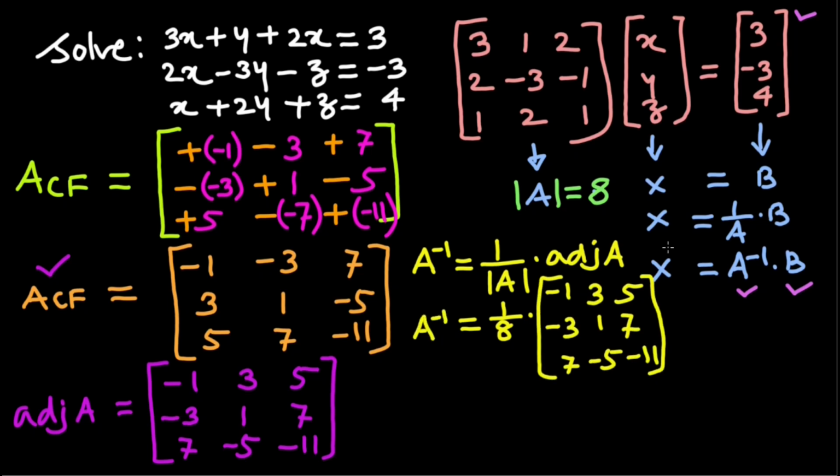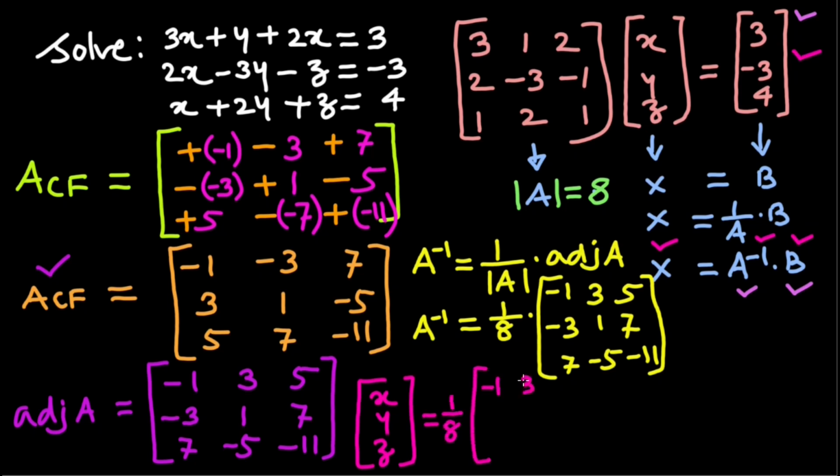Now we have this x, which is the variable matrix x, y, z equals this A inverse multiplied by matrix B, which is this one. So we write 1 by 8 multiplied by minus 1, 3, 5, minus 3, 1, 7, 7, minus 5, minus 11 multiplied by this matrix B, which is 3, minus 3, 4.